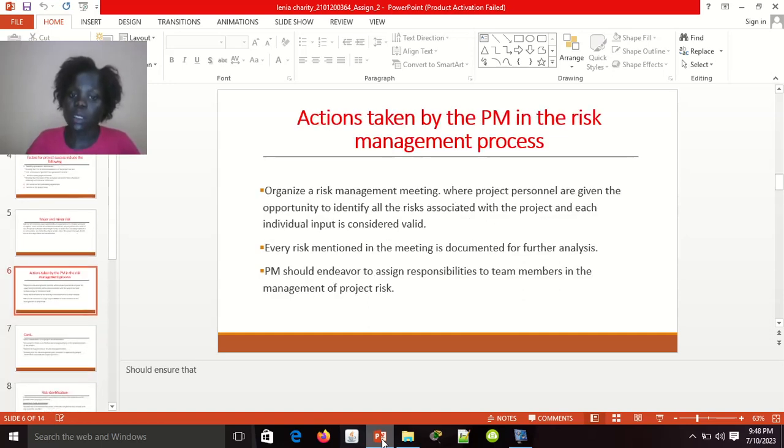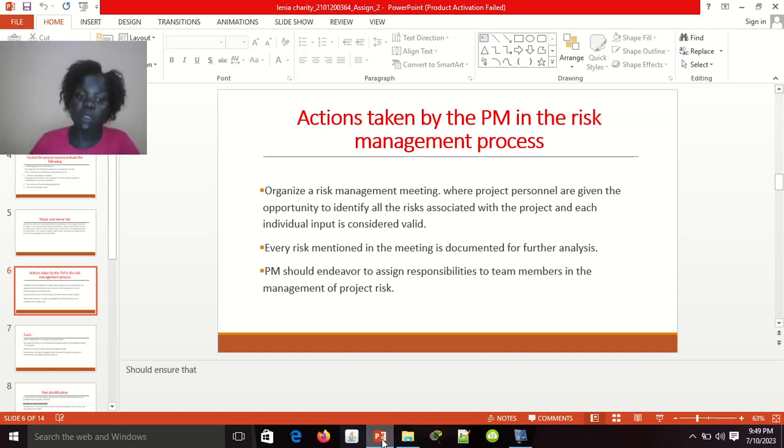So we have actions taken by the PM in risk management processes. Organize a risk management meeting: choose one day, and inform all the stakeholders to come for the meeting. During that meeting, make sure all the risks mentioned are documented for future analysis.